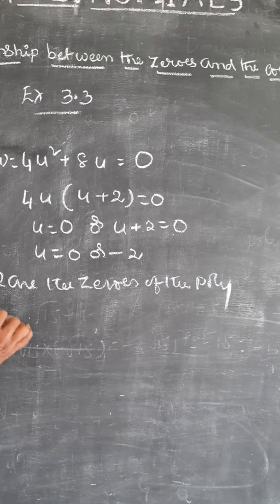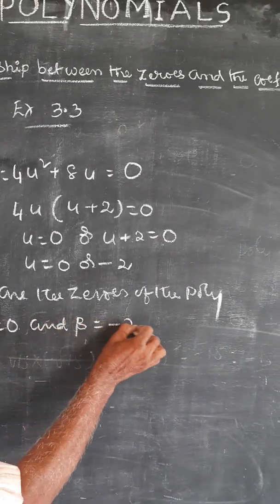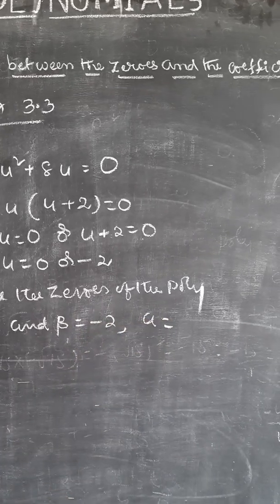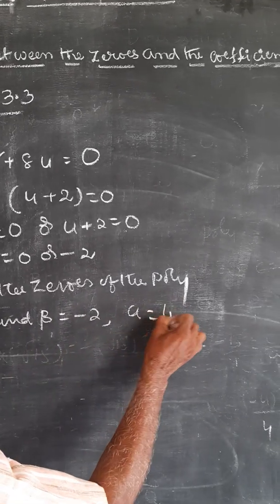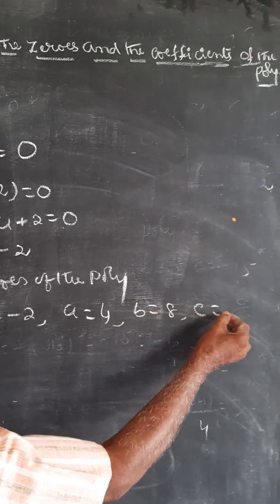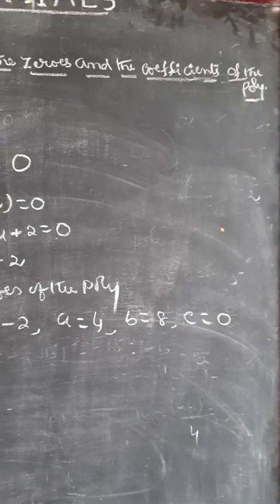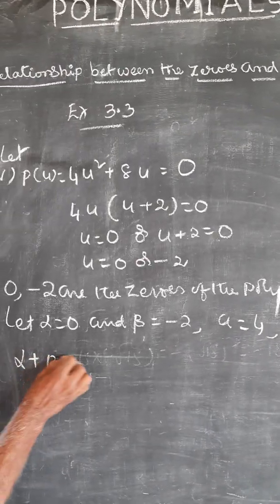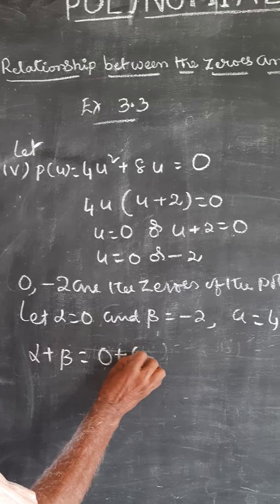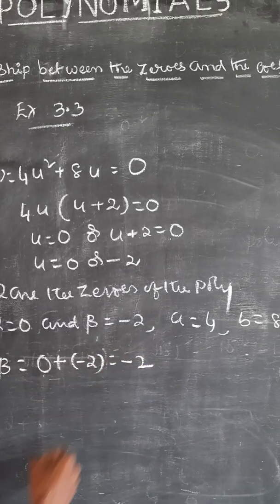Let alpha is equal to 0 and beta is equal to minus 2. Write a, b, c values, u square coefficient 4, u coefficient 8 and c constant term, no constant term, that's why c is equal to 0. Then alpha plus beta is equal to 0 plus minus 2, that is equal to minus 2.